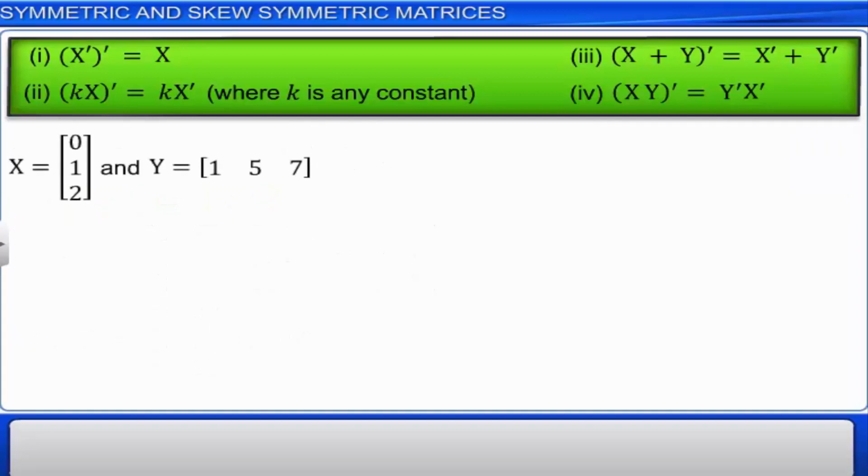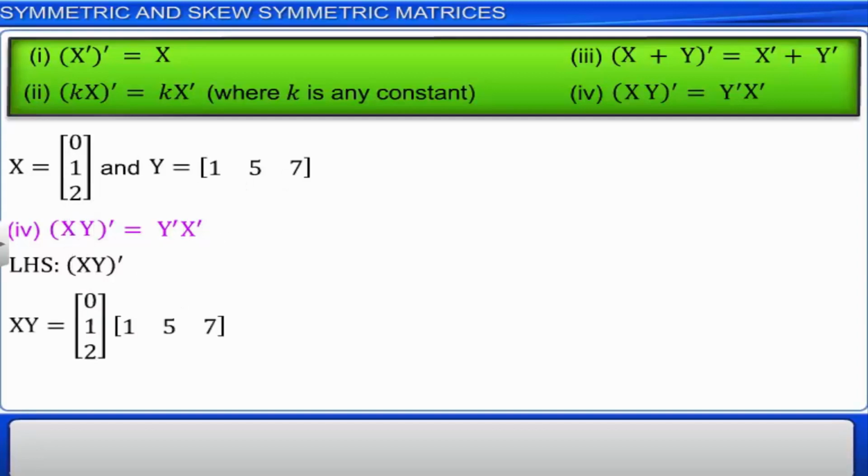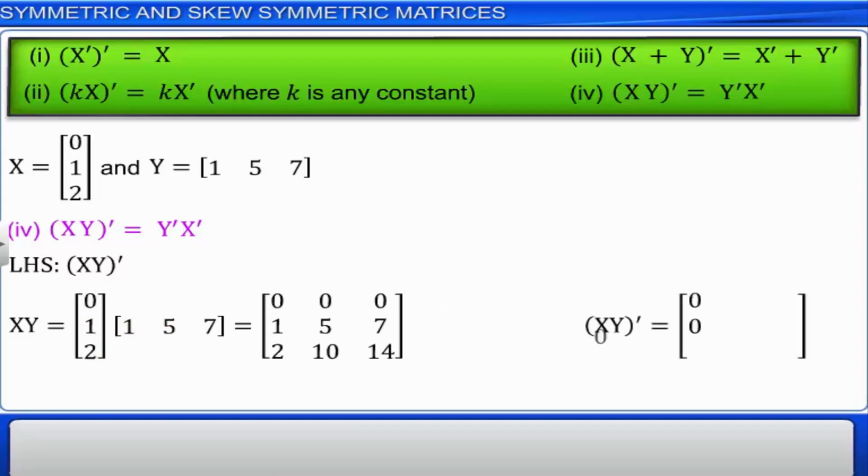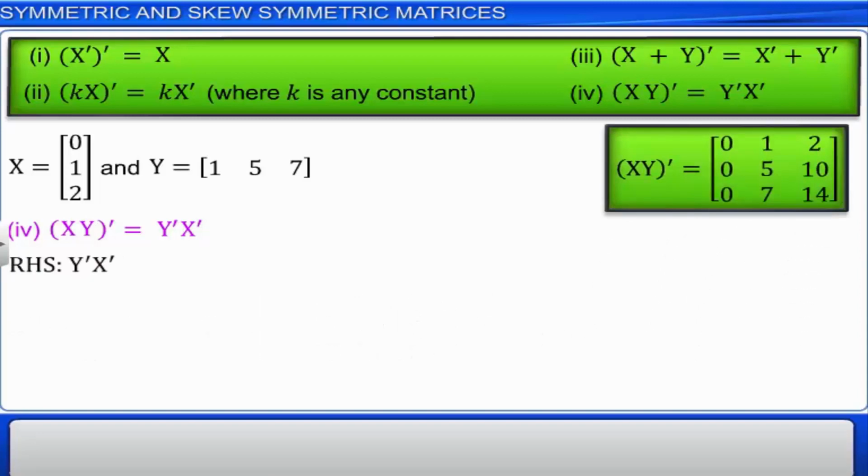We will verify the fourth property by taking the matrices as shown. Let's find the left-hand side. First, by finding the product of matrices X and Y. Now, we will take the transpose of matrix AB. Next, we will find the right-hand side.